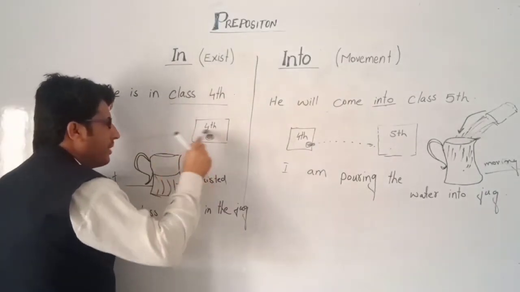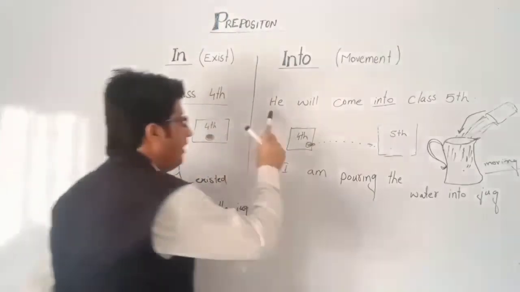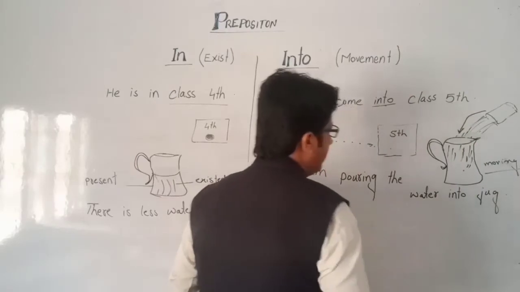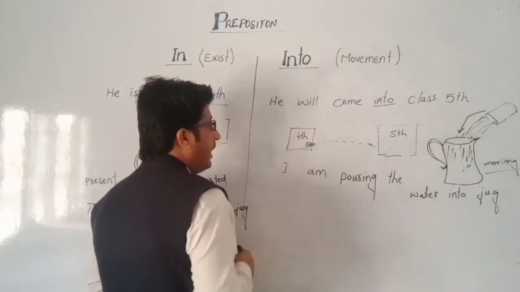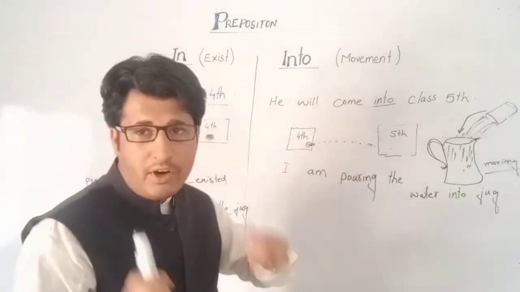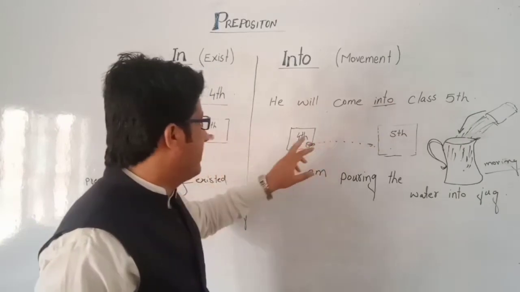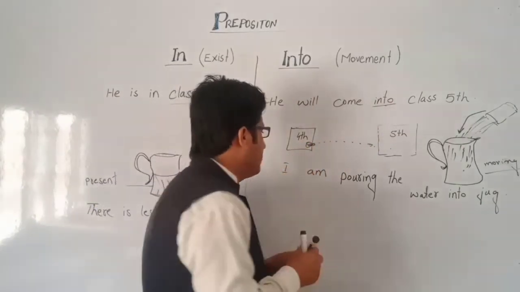He is present in class 4th, already in class 4th. He will come into class 5th. Now he will move from 4th to 5th. For this movement we use the preposition into.